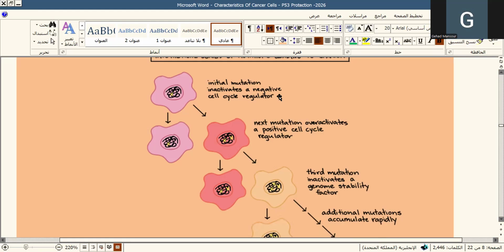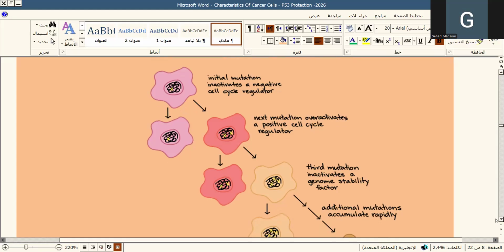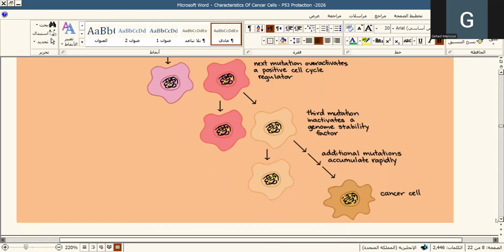And by starting with this mutation, the cancer cell makes sure that the inhibitory proteins will not be capable of arresting this cancer cell because they detected an abnormality in its DNA.